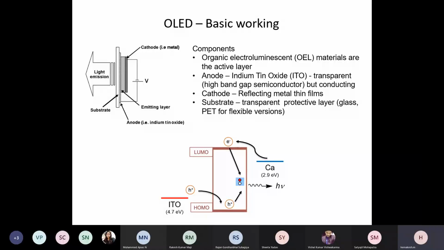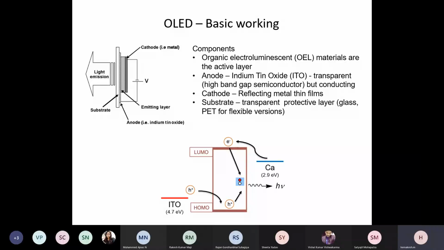In polymer, charge carriers are a little bit complicated. So in the emission layer, which forms the bulk of the OLED, you have the recombination of electron and holes that leads to generation of light.